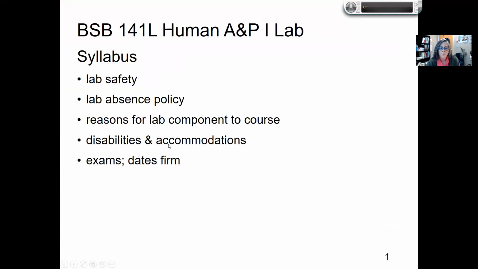So first aspect to talk about a little bit is lab safety, but since we are online, it is mute. Now there was a quiz for that, but I did take it off, and the only thing I left was the tag that was on the syllabus in the schedule. But you don't have to worry about lab safety. Lab absence policy, again, is the same thing.